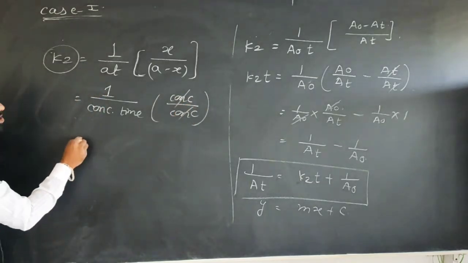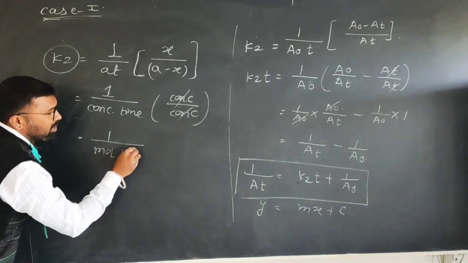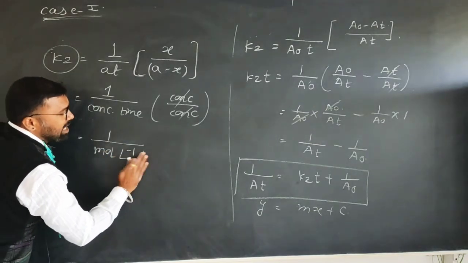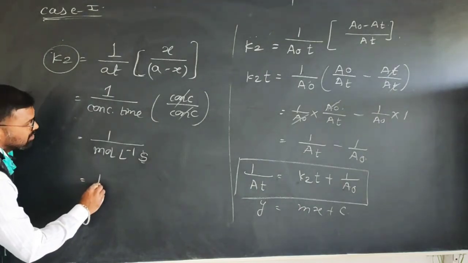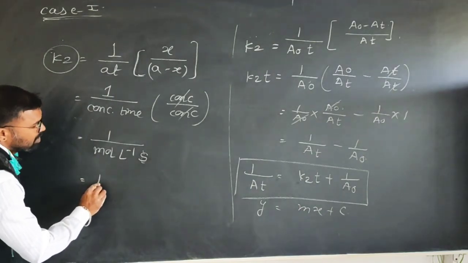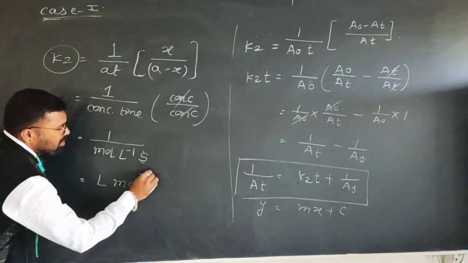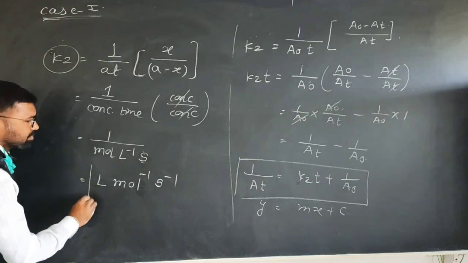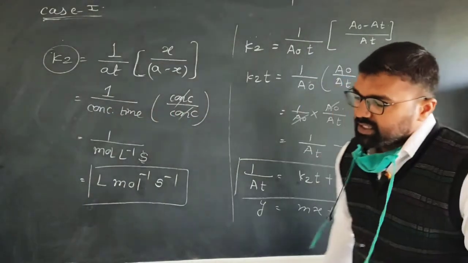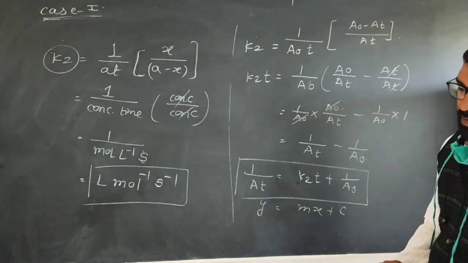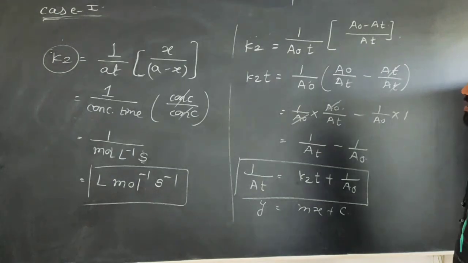Concentration gets cancelled. Suppose concentration is expressed in mole per liter and time is in second. Then the units are liter per mole per second. These are the units for the second order reaction.